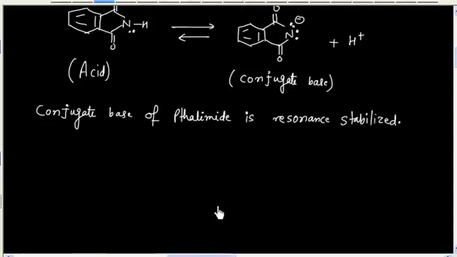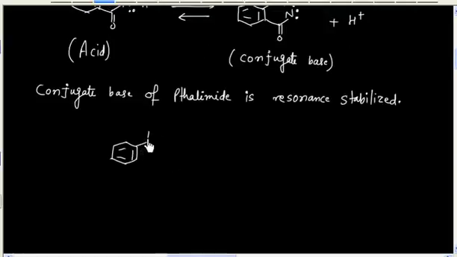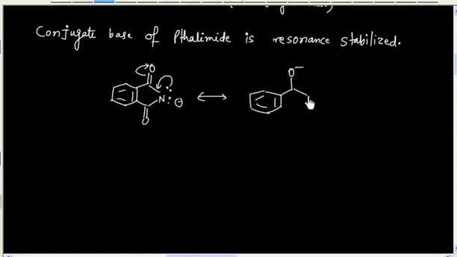So we can write two resonating structures, or we can flow electron cloud this side.